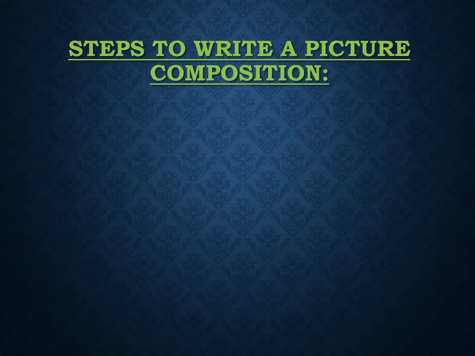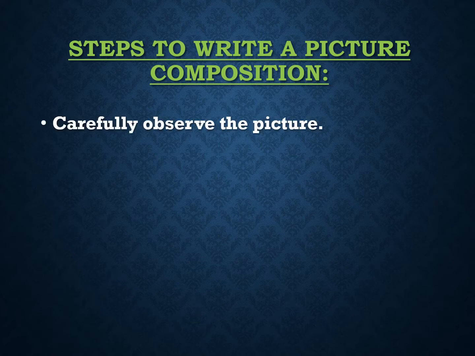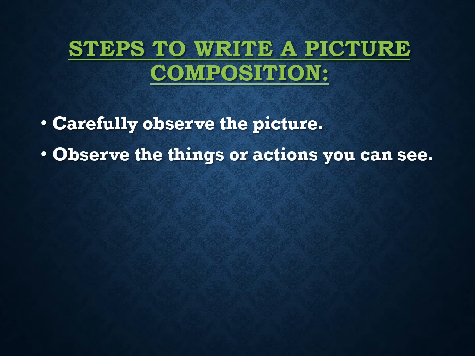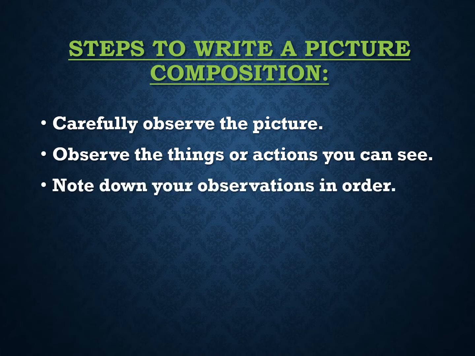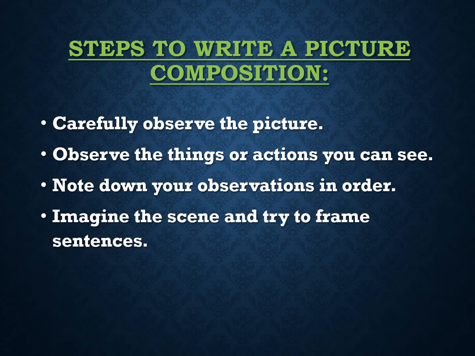Now let us recollect the steps to write a picture composition. First of all, carefully observe the picture. Then observe the things or actions you can see. Then note down your observations in order. Then imagine the scene and try to frame sentences.